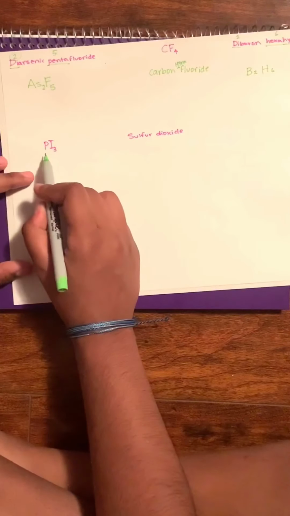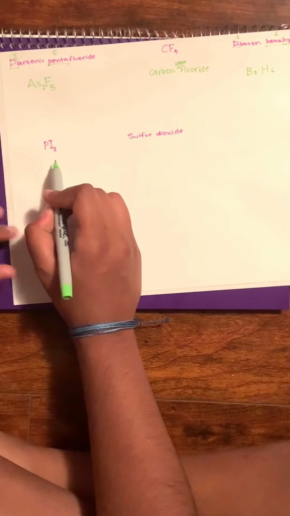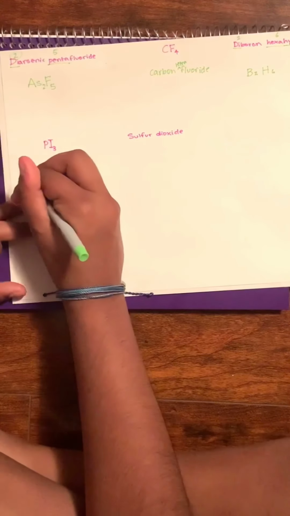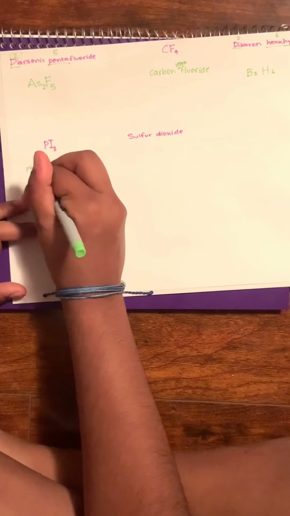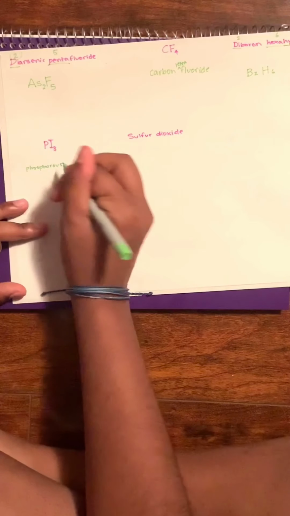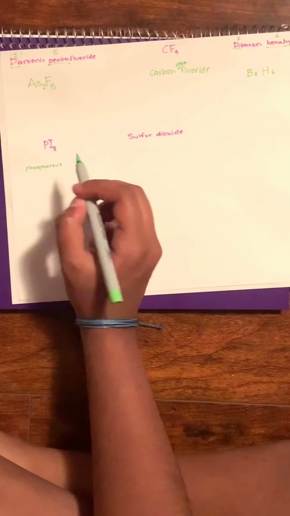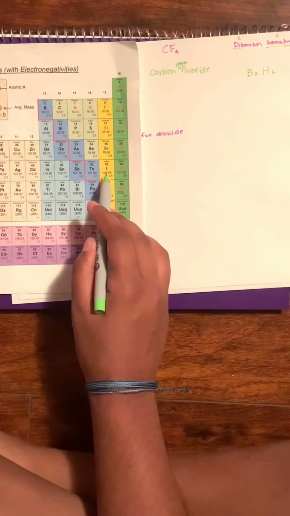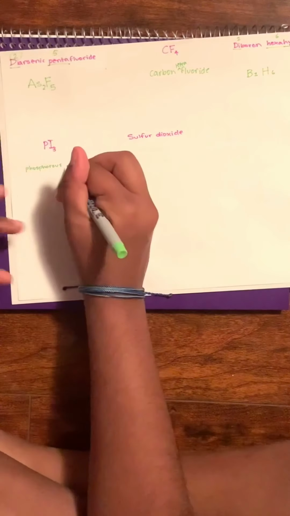The next one, we're going to solve for PI3. P on the periodic table is phosphorus, so we're going to write out phosphorus. And the I in the periodic table is iodine. But since it's the second part, we're going to make it iodide.